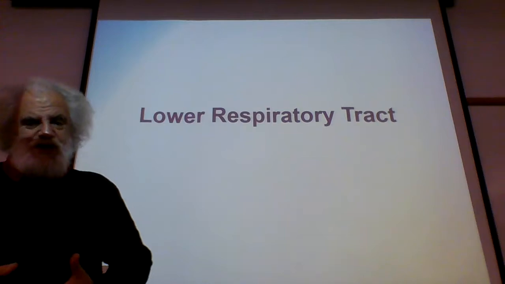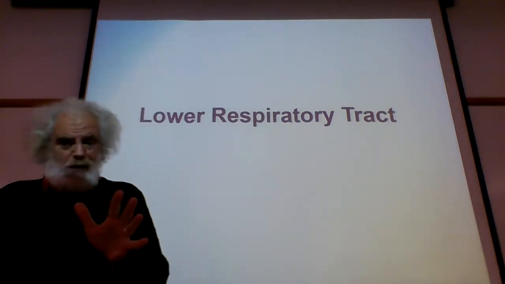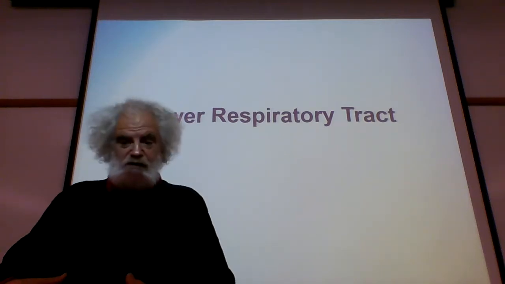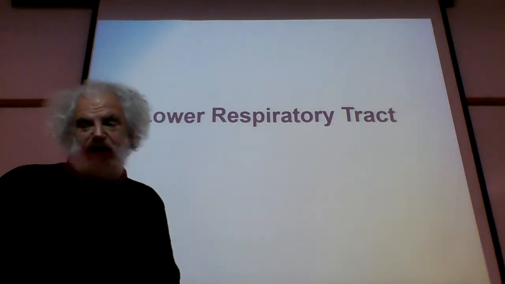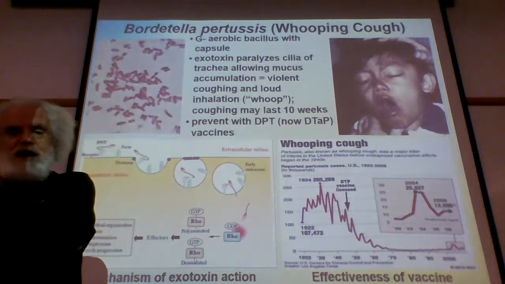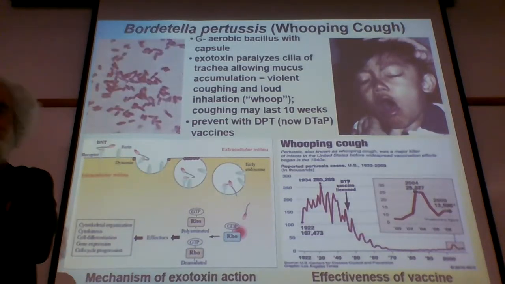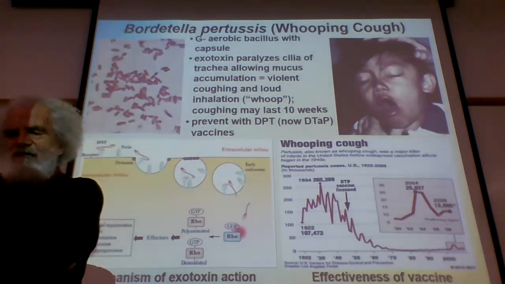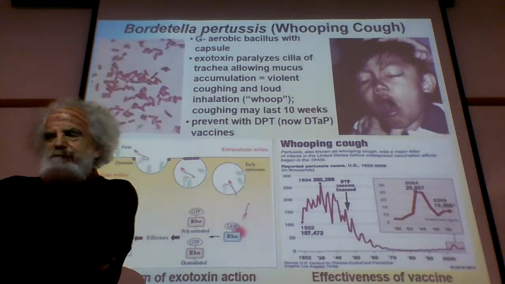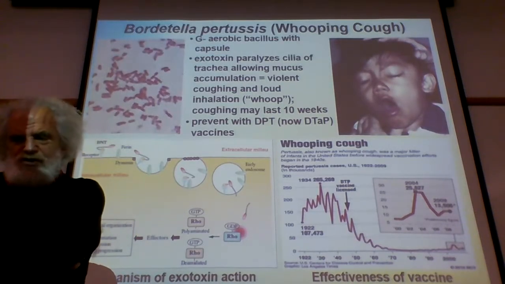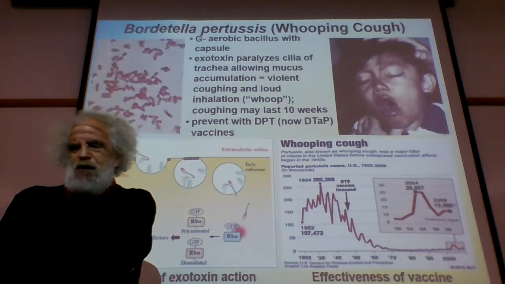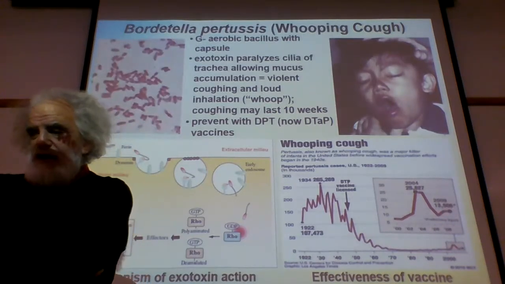Now let's move into the lower respiratory tract. Probably a bit more serious, not as easy to get into, but now we're talking about the lungs and starting to impede our oxygen carrying capacity. A disease you know of caused by Bordetella pertussis is known as whooping cough, named because of the very loud coughing and inhalation that occurs, sort of a wheezing whoop, and the cough can last for a very long time.